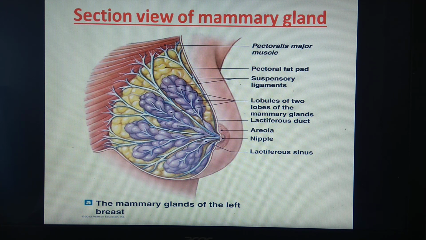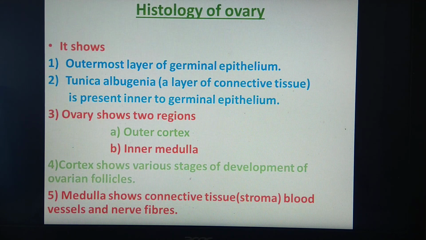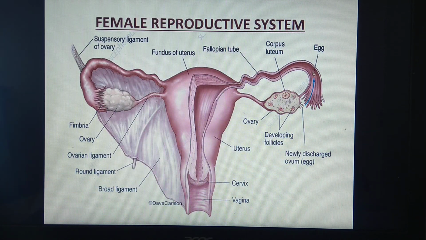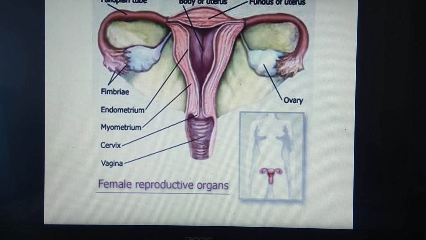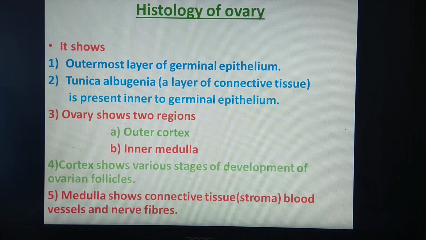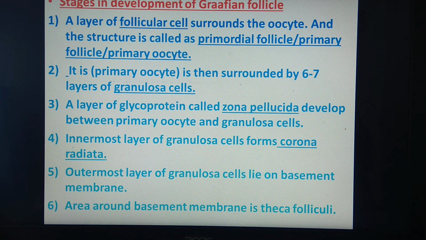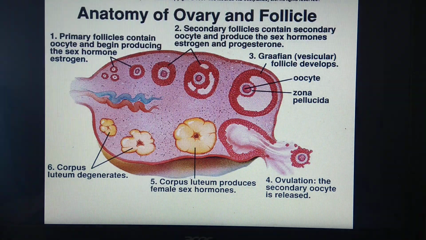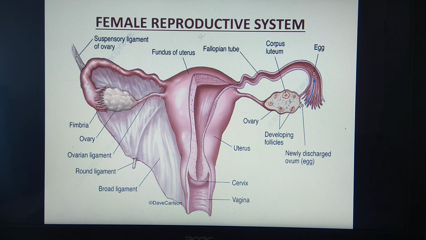So what have we studied today? We have studied the female reproductive system. We started with this female reproductive system, which has 2 ovaries.